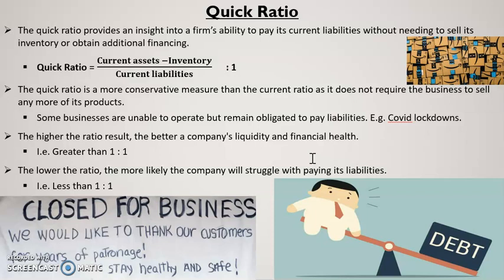to cover current liabilities. In terms of a healthy ratio, well, similar to our current ratio, anything greater than 1 to 1 does suggest that the business has liquidity and it's financially healthier. The higher that ratio is, above 1 to 1, the better for the business.